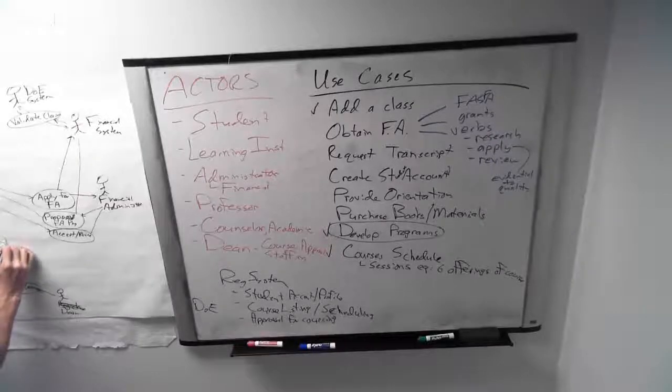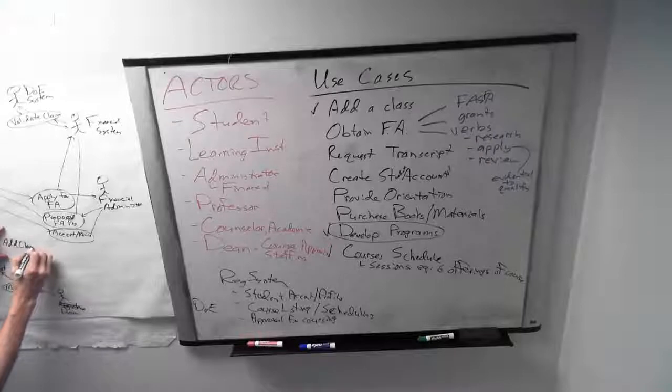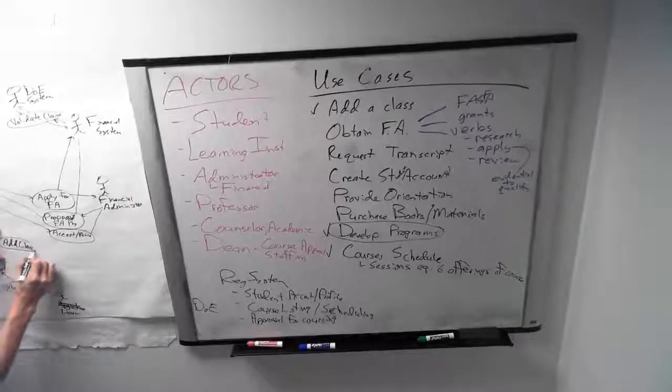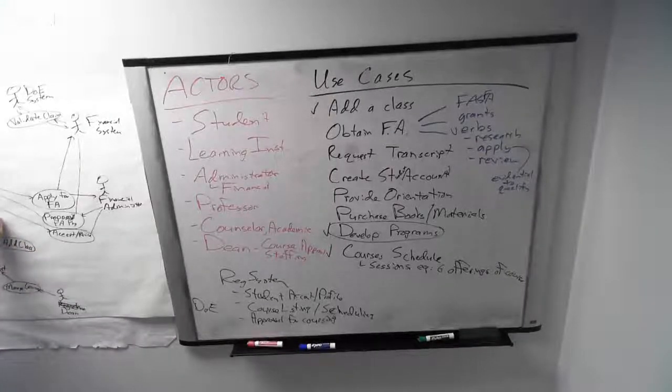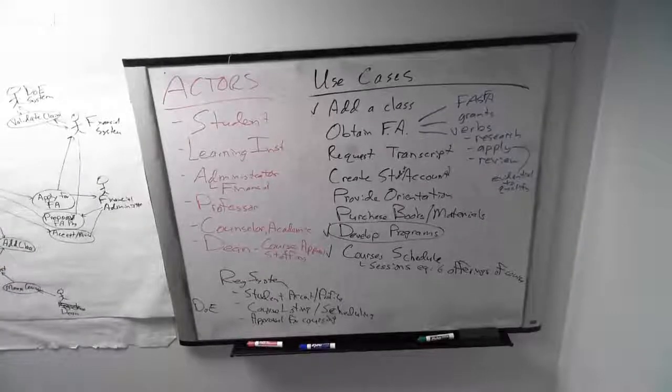Yeah, there's probably some business rules in here that matter. So let's do add class, and we're reading out of here and writing into the registration system. Okay. Obviously, you can do the drop class. That would be a separate use case.